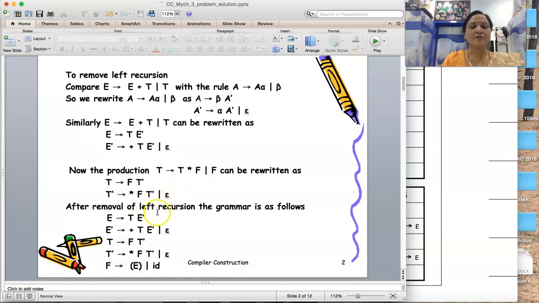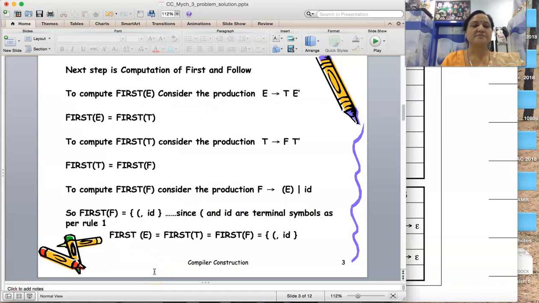So after removal of left recursion, my original grammar has become this: E tends to T E dash, E dash tends to plus T E dash or epsilon, T tends to F T dash, T dash tends to star F T dash or epsilon, and F tends to E enclosed in the bracket or ID.